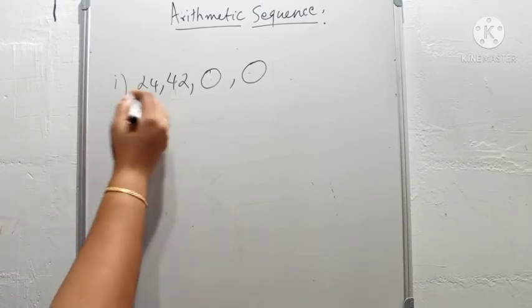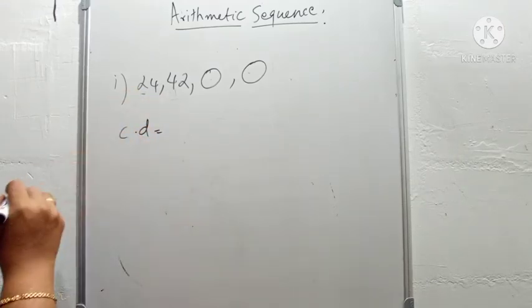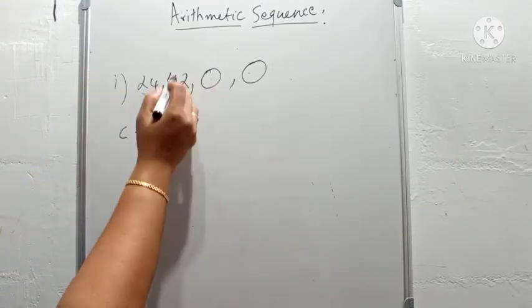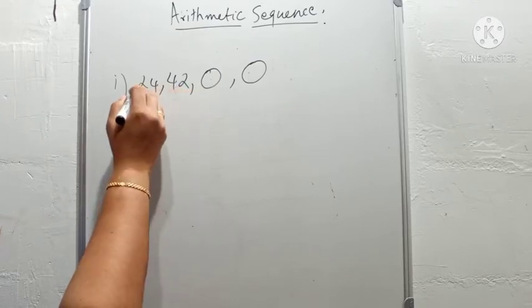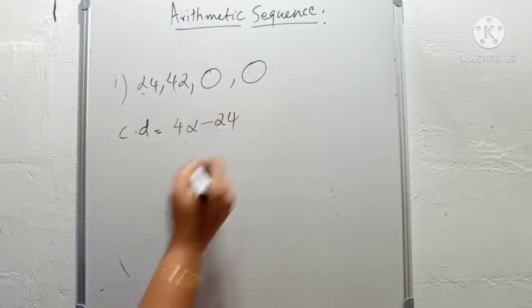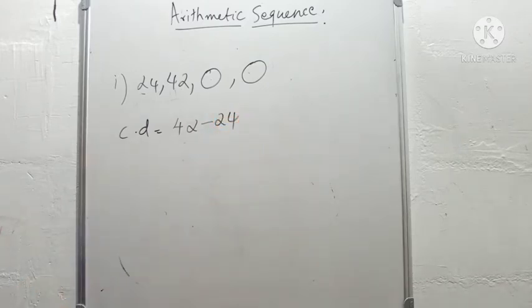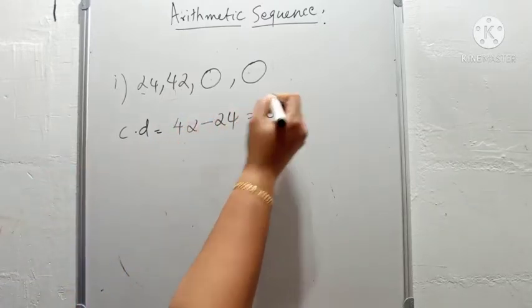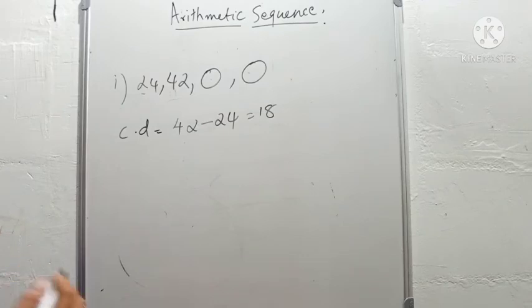The common difference is second term minus first term, that is 42 minus 24, which is equal to 18.